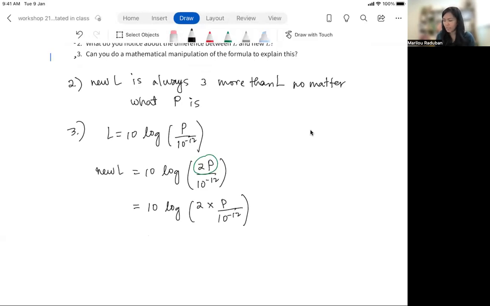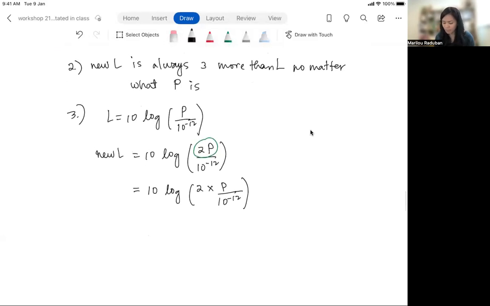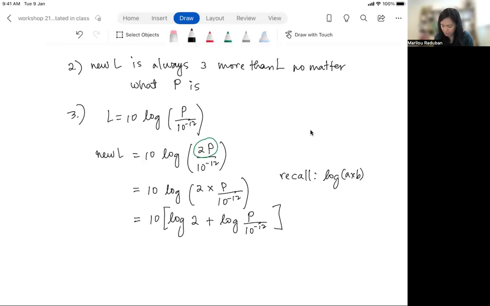And the reason why I write it this way is so that I can use the rule for the logs: log of A times B is equal to log A plus log B.